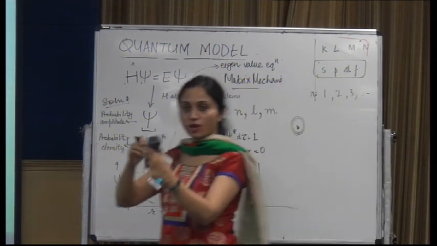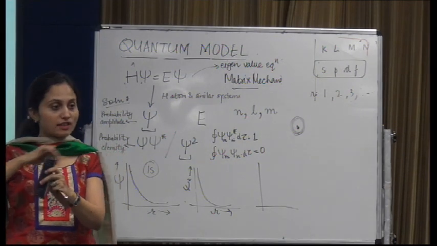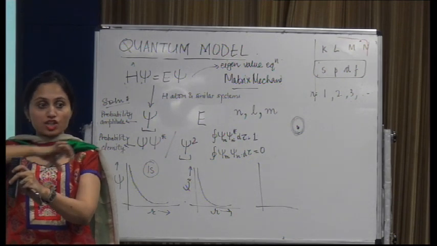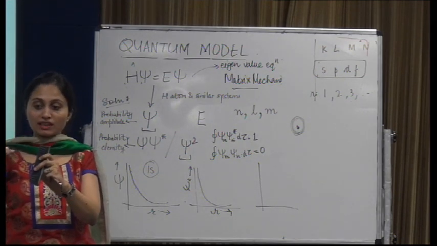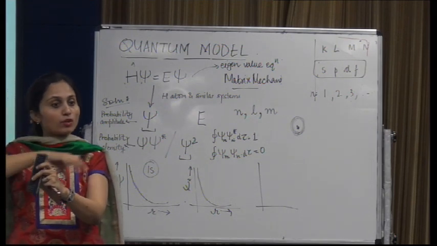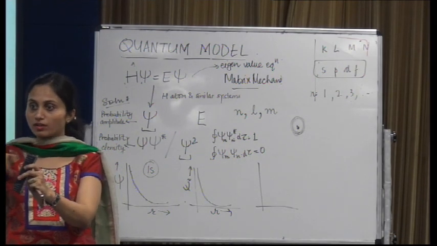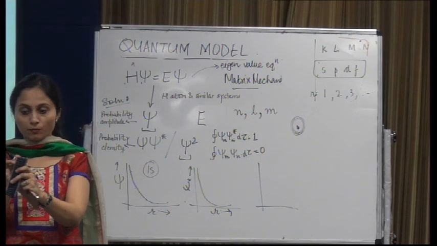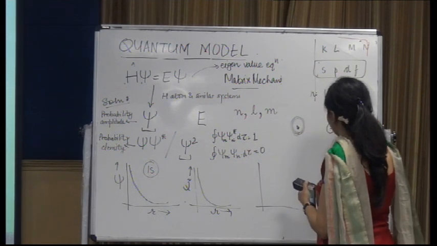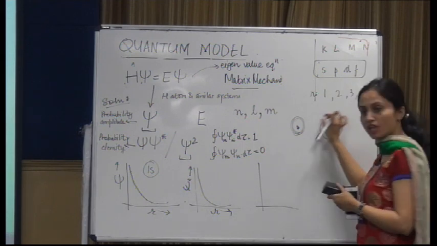Because you have your nucleus here, the electron is revolving around the nucleus, right? Now if the electron is revolving around the nucleus, it is revolving in a spherical shell. Okay? So R means we have taken the distance from the nucleus. But that spherical shell also has its own volume. You have learned how to find the volume of a shell, haven't you? How do you find out the volume of a spherical shell? Suppose, look here, this is your nucleus, and let the shell of the electron be here.